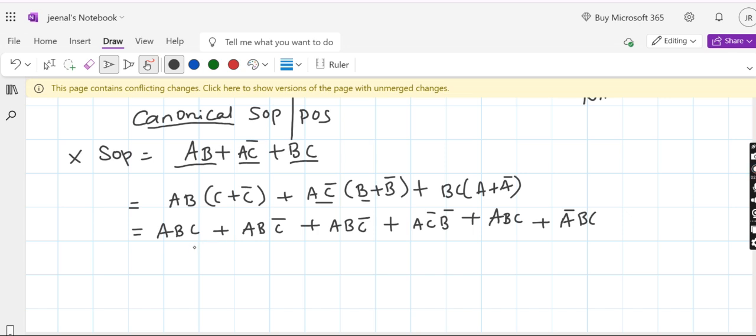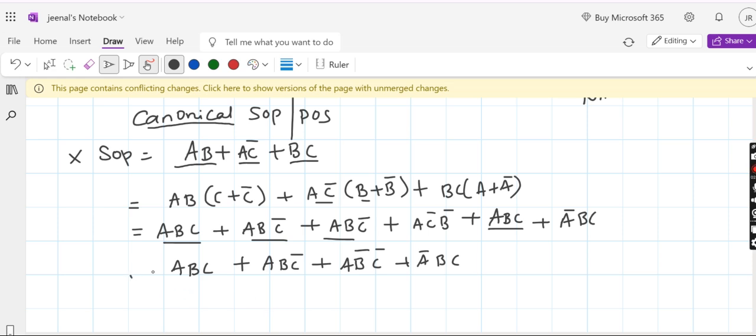It is easy to solve further. So we have ABC once here and we have ABC one more time here. So 2 times A plus A is A. So I'll write it once, which is ABC. Then you have ABC bar and ABC bar again twice. So I'll write it once, ABC bar. Then you have A B bar C bar plus A bar BC.